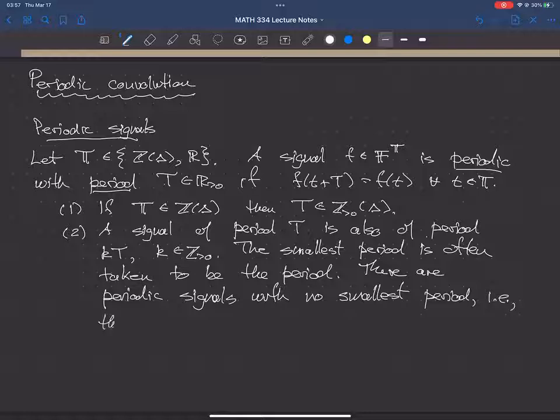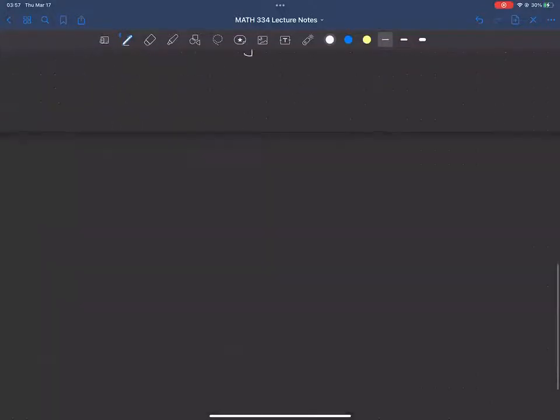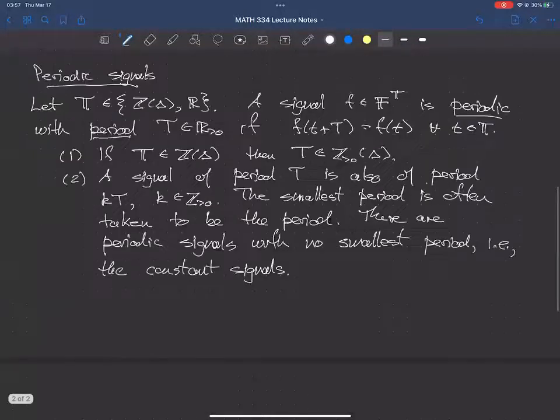These are the constant signals. No matter how you choose T, they'll be periodic with period T. So those things don't really have a well-defined smallest period. But for other periodic signals, you do have a well-defined smallest period. And when you say something's periodic, often that's what you mean.